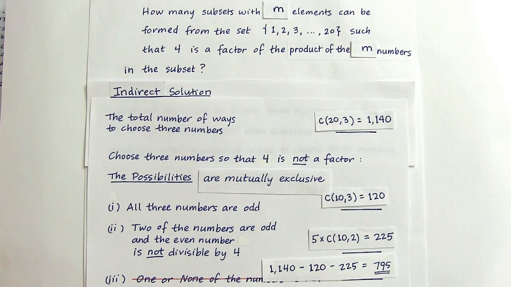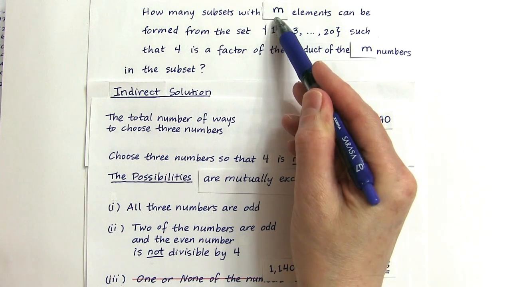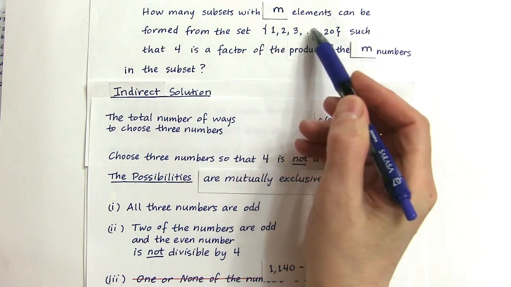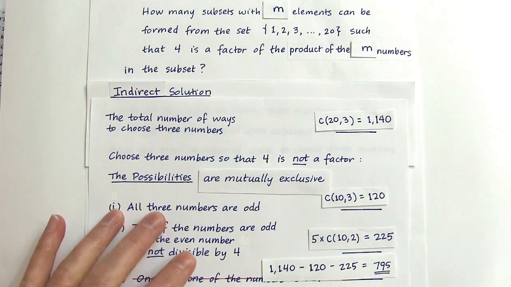So instead of asking for subsets of size 3, we're asking for subsets of size m, where m could be any number from 1 to 20. When m is 4 or more, then I think you might prefer the indirect method over the direct method.